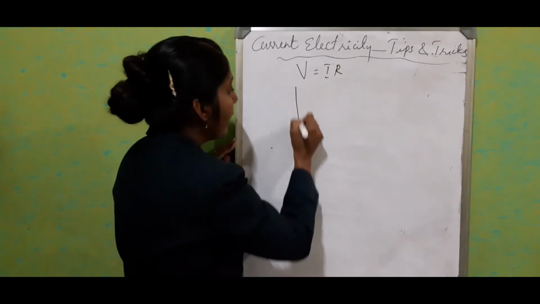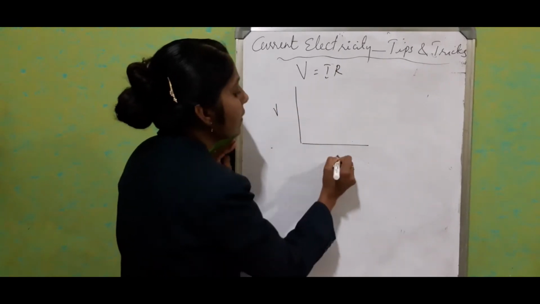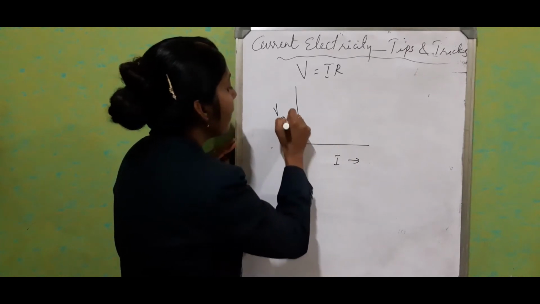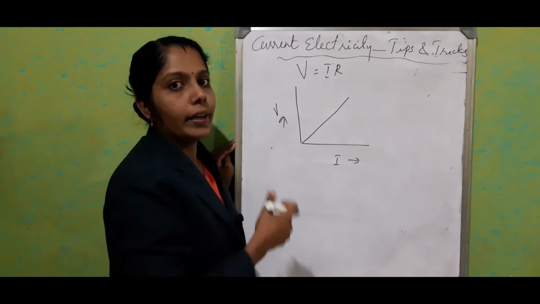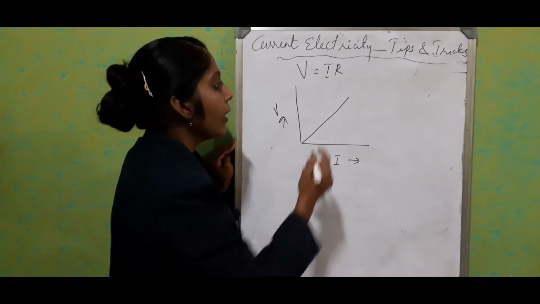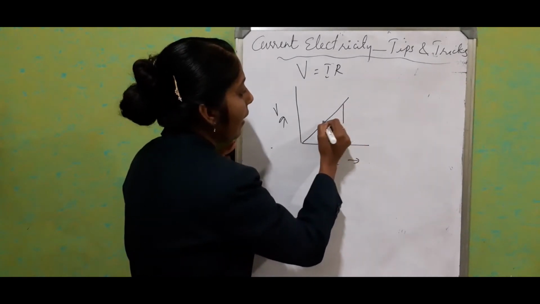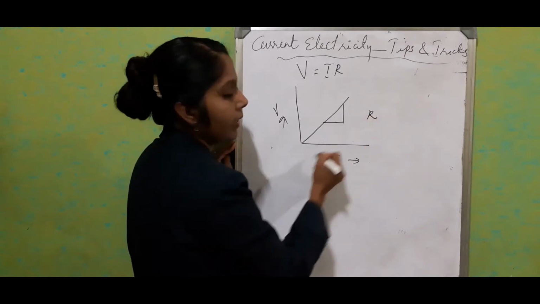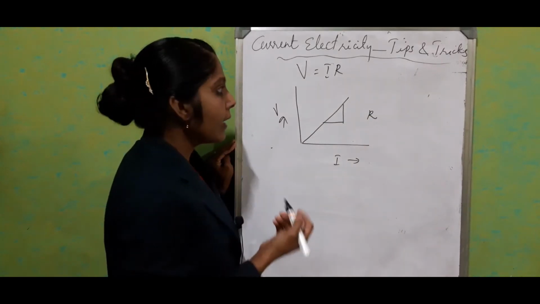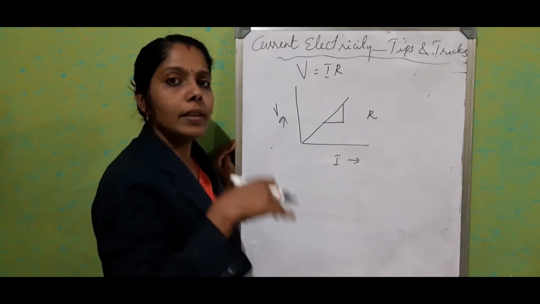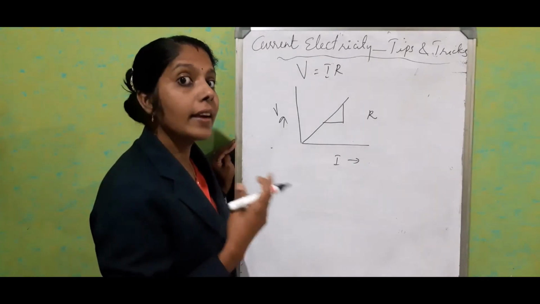If you are drawing a graph, V versus I, consider this is the graph. We got it. It's a straight line. Okay, so the slope of the VI graph will give resistance. And what is the opposite of resistance? That is conductance.